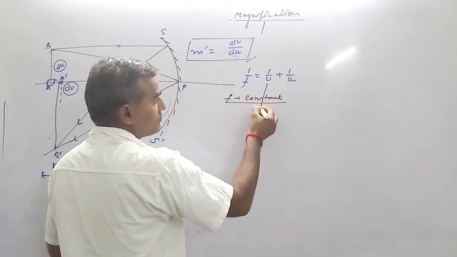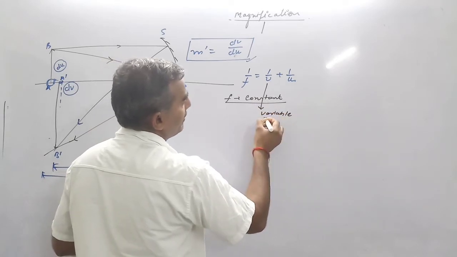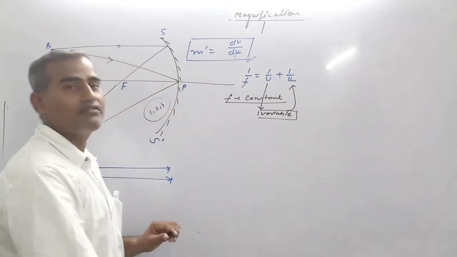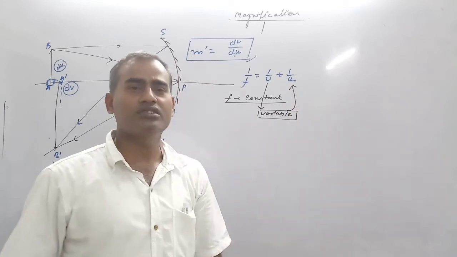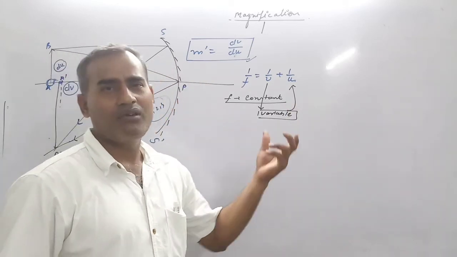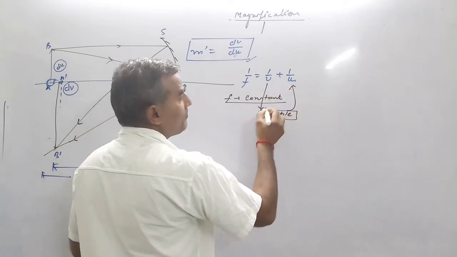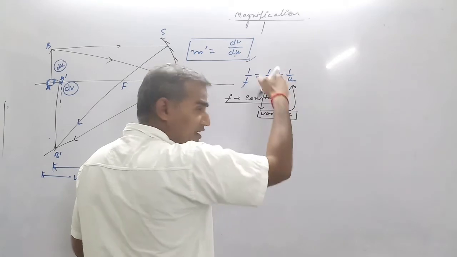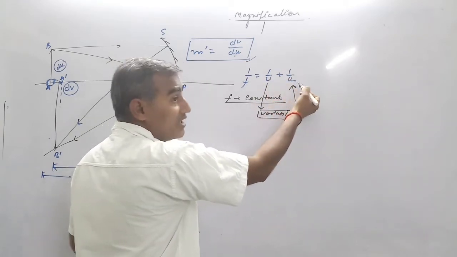V is variable and depends on u. U is the independent variable; you keep the object anywhere and the image will form accordingly. So u is the independent variable and v is dependent.